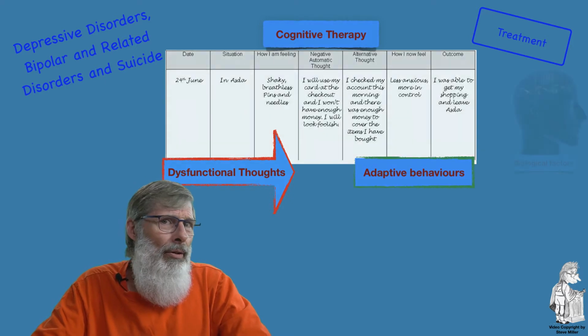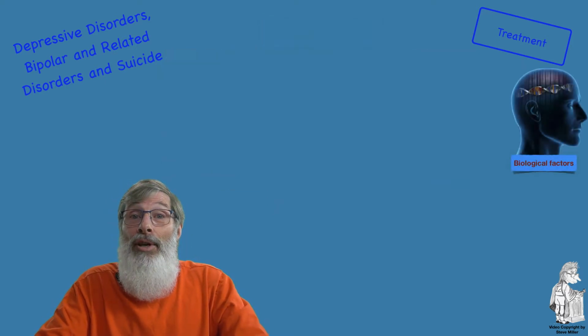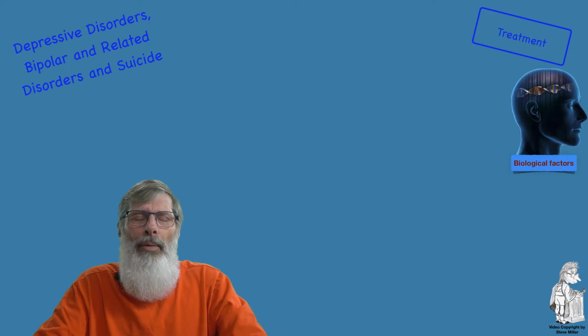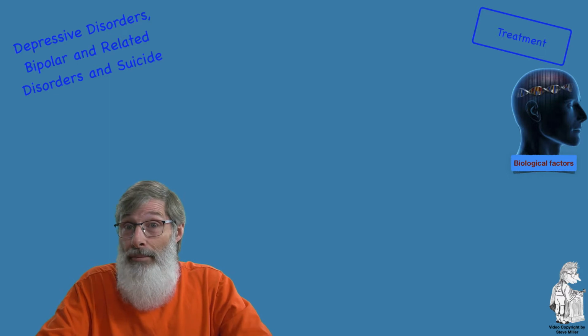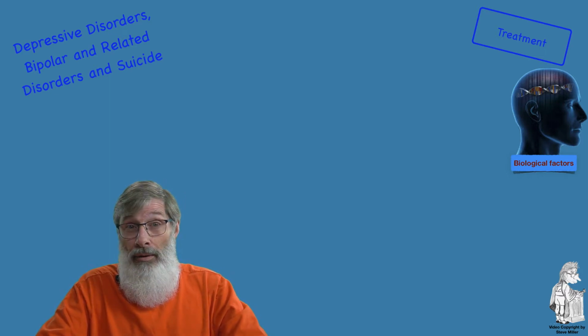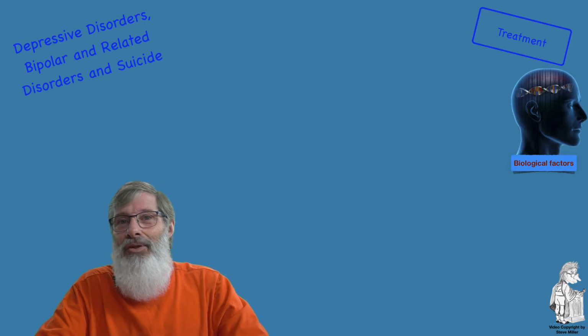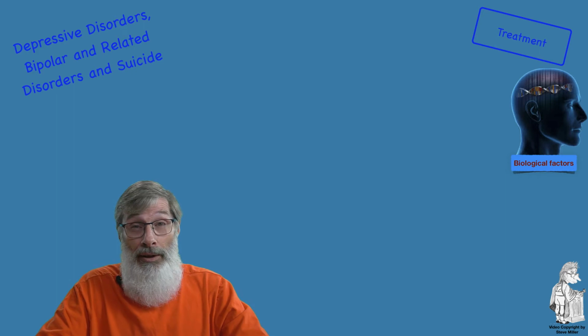The biological approaches focus on the use of antidepressant drugs, which you would expect. That's always what the biological approach will do, along with other biological treatments, such as electroconvulsive therapy. It sounds like what it is. It's not fun, but it's also not used as frequently as perhaps you might imagine.